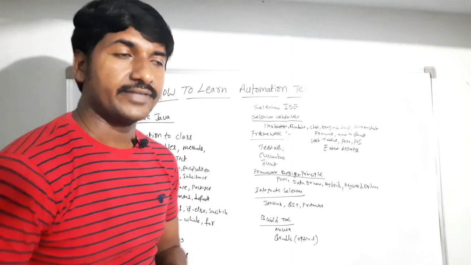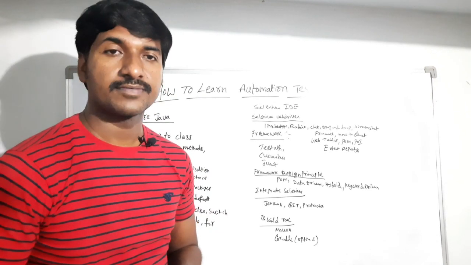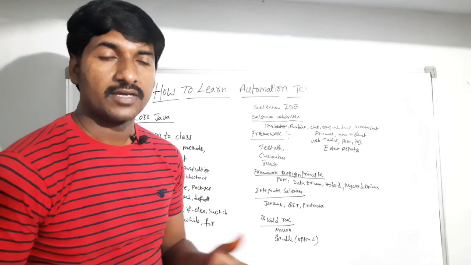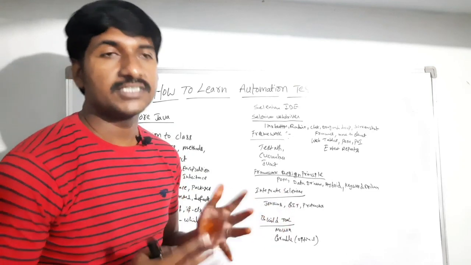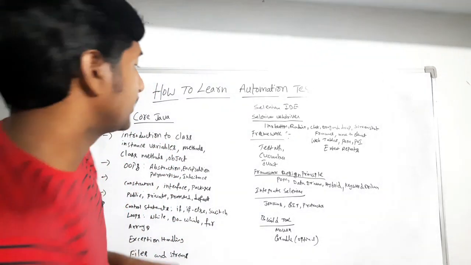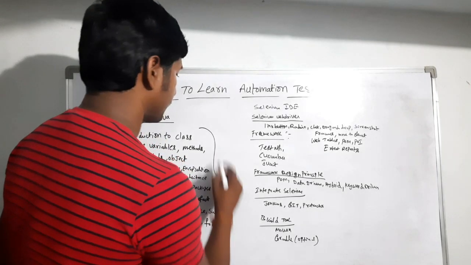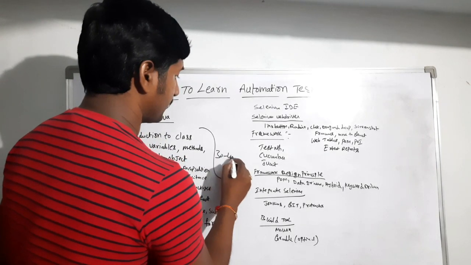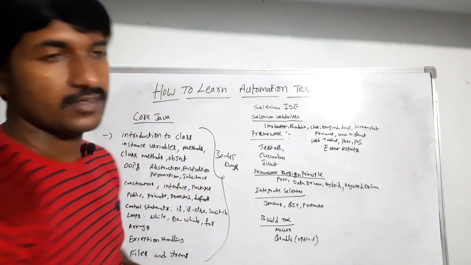Then the files concept and streams, and finally the multi-threading concept. These are the concepts covered from core Java, and it will take around 30 to 45 days to learn all core Java concepts.